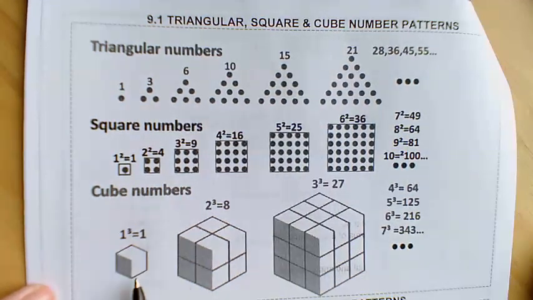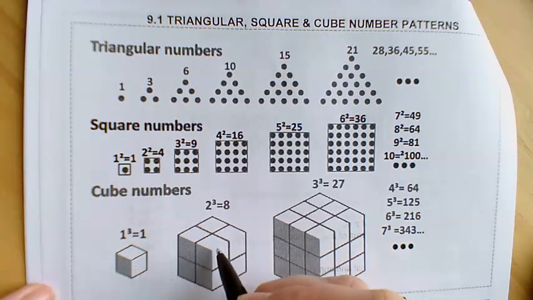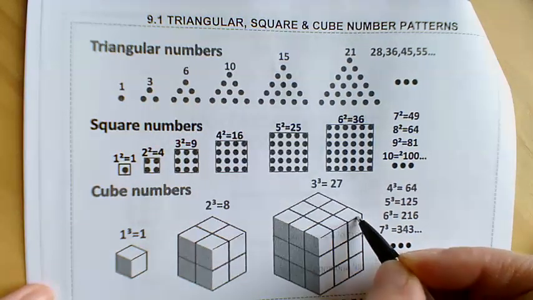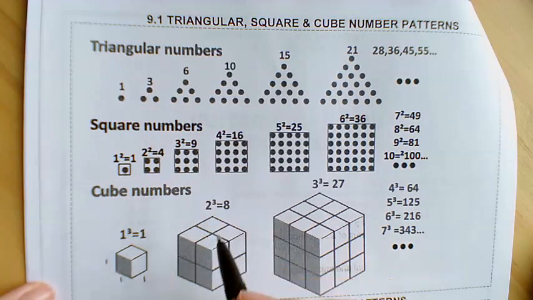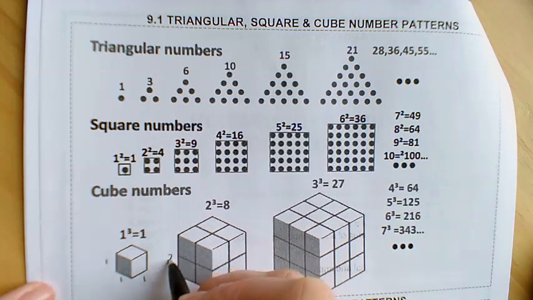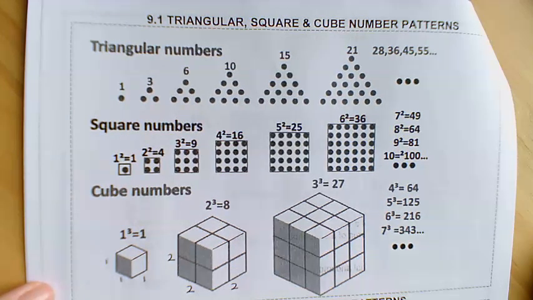Then your cube numbers, they come from cubes and it's volume this time. So the volume would be like your length times breadth times height. So the first cube number would be a 1 by 1 by 1 cube, and the volume of that, 1 times 1 times 1 or 1 cubed, gets you 1. Then the second cube number would be a 2 by 2 by 2 cube.